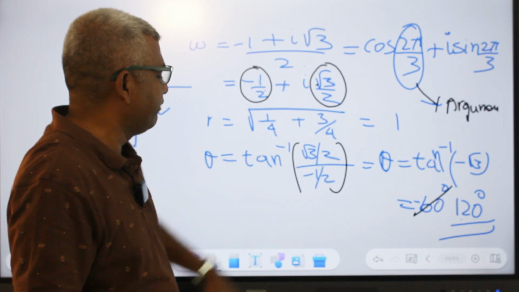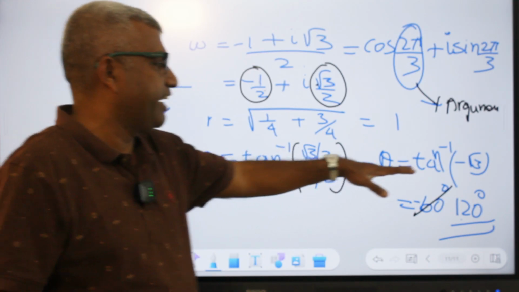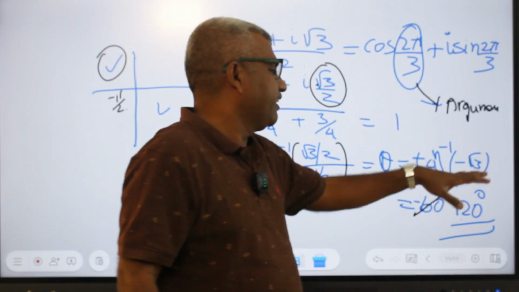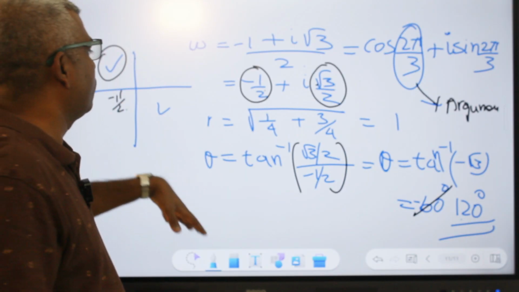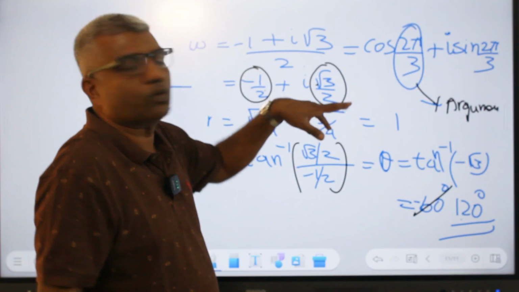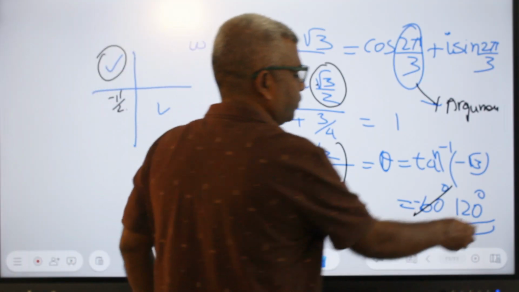So 2 pi by 3 is the argument. Very simple. How did we get it? Tan inverse of root 3 by 2 over minus 1 by 2 is tan inverse minus root 3, which is 60 degree in the second or fourth quadrant. But minus 1 by 2, root 3 by 2 falls in the second quadrant, so it should be 120 degree.